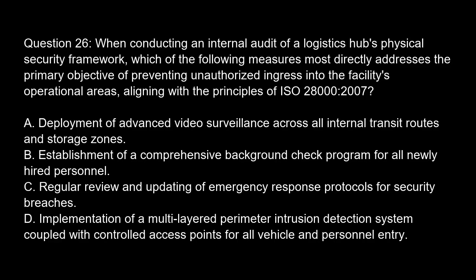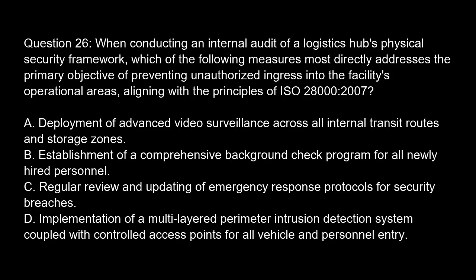Question 26. When conducting an internal audit of a logistics hub's physical security framework, which of the following measures most directly addresses the primary objective of preventing unauthorized ingress into the facility's operational areas, aligning with the principles of ISO 28000-2007? Option A. Deployment of advanced video surveillance across all internal transit routes and storage zones.